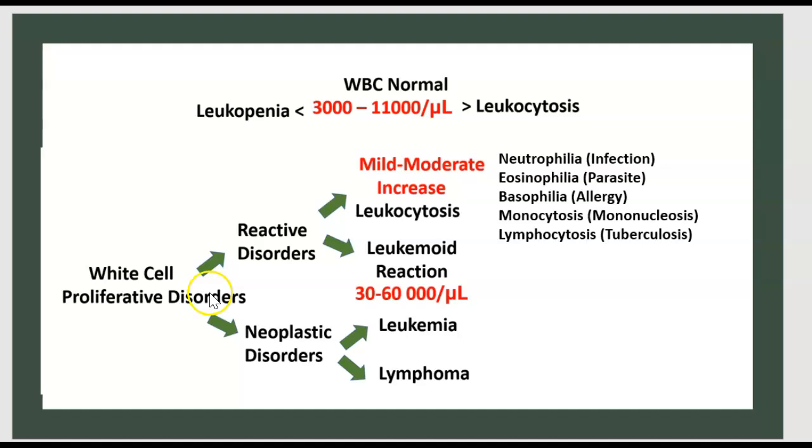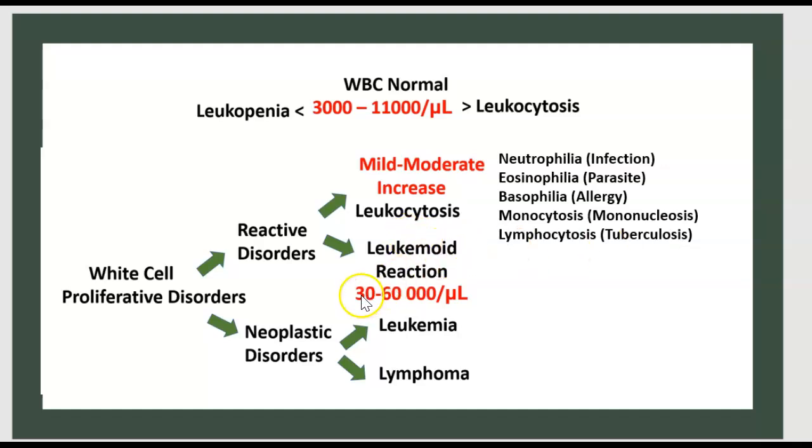White cell proliferation disorder gives a reactive disorder and a neoplastic disorder. In a reactive disorder, if it is a mild or moderate increase of leukocytes, it's leukocytosis, which could be neutrophilia if infection, eosinophilia if parasite, basophilia if allergy, monocytosis if infectious mononucleosis, and lymphocytosis if tuberculosis.